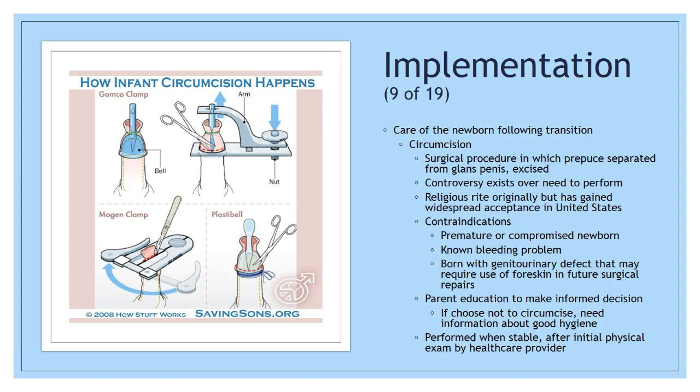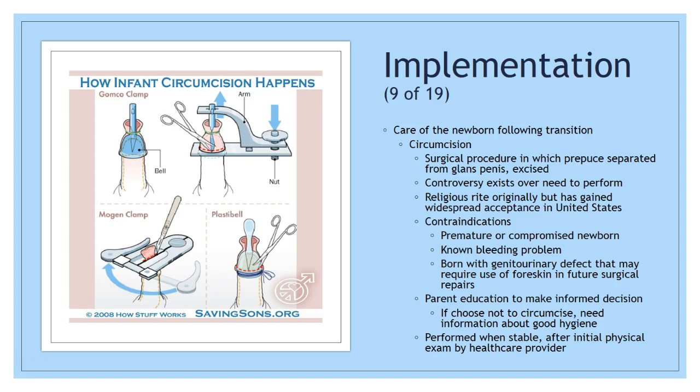We would never also do a circumcision unless there is a consent on the chart and unless the person performing the incision has obtained consent from that family. Usually the nurse will witness the consent, but the physician or the person doing the circumcision, the pediatrician or whoever, has to obtain that consent.